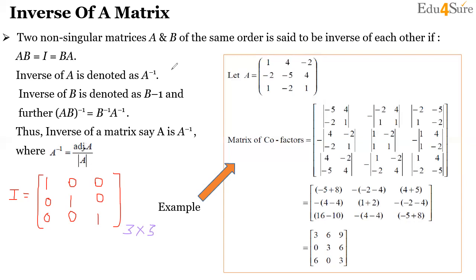Now the actual motive is how we're going to find the inverse of a matrix. The inverse of a matrix is represented with A to the power minus 1, which actually means inverse.